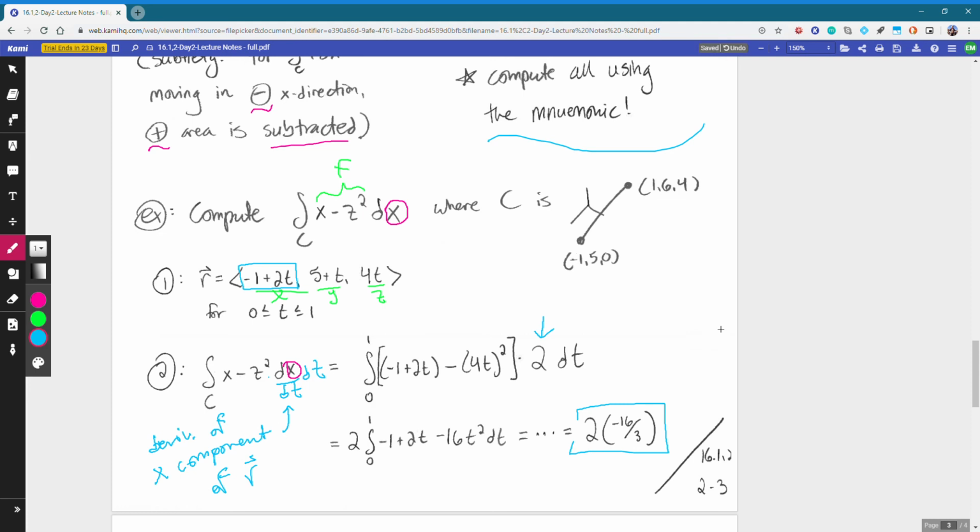So that's how it can look to compute a projected line integral. Again, as long as we can remember the mnemonic, that will show us exactly how our line integral translates and how to compute it once we've parameterized our curve.